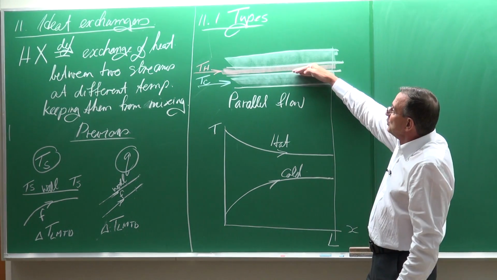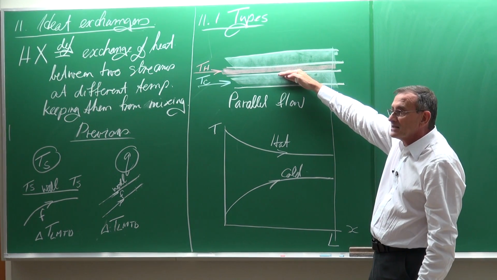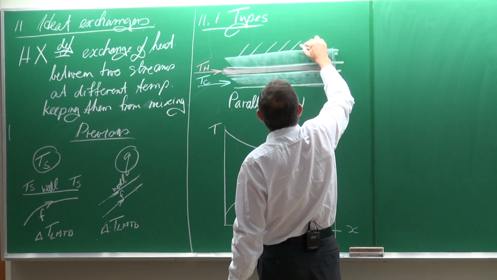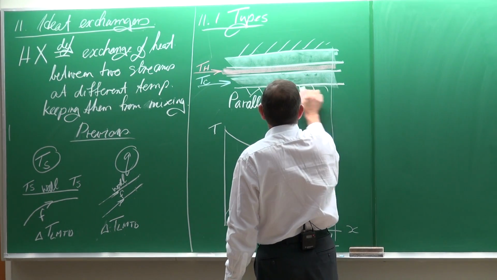You can also put the hot fluid in the annulus and the cold fluid on the inside, it doesn't matter. Normally, we have insulation material there on the outside to prevent heat losses.